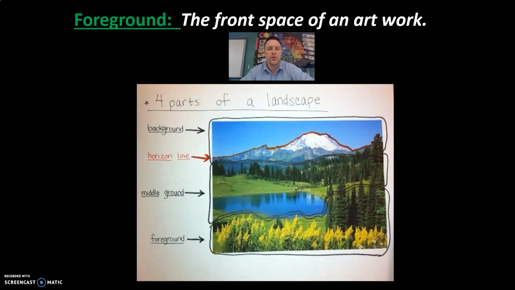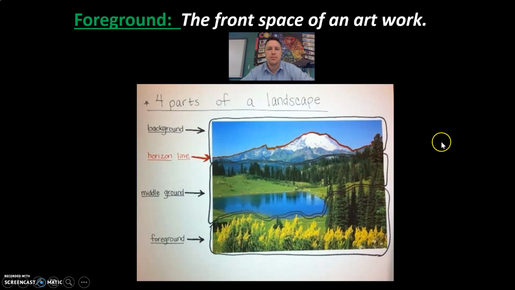The main thing to note is that the things in the foreground should be the highest level of detail and also the largest to the viewer in a one-point perspective artwork. Even though this is not a one-point perspective artwork, I thought it was important to display the parts of a landscape, mainly the background, middle ground, and foreground, and of course how the horizon line plays its role as well. So your first answer is the front space of an artwork. That is the foreground.